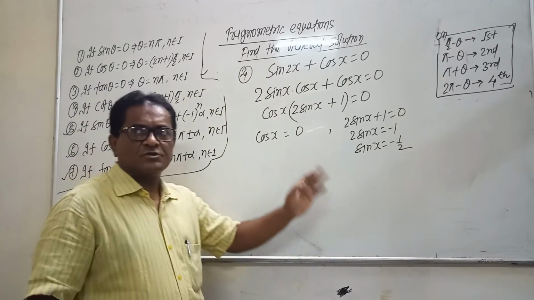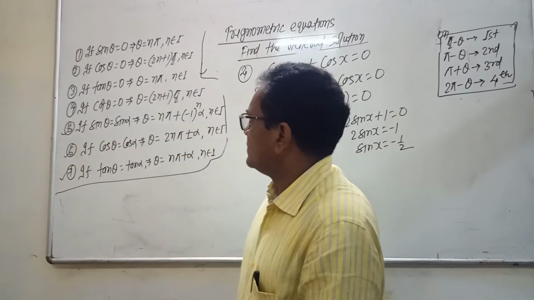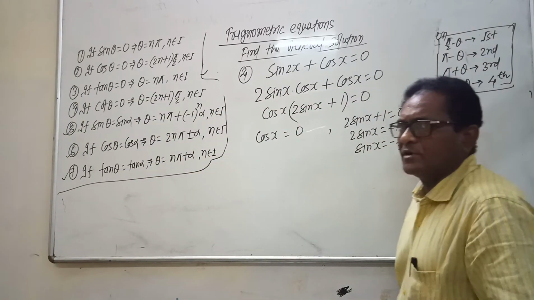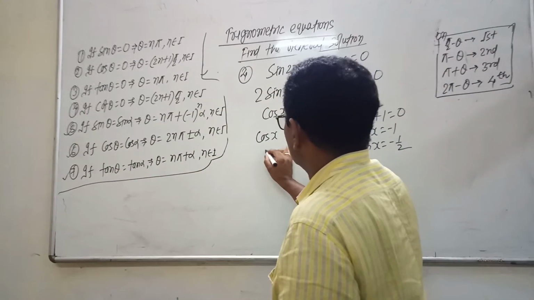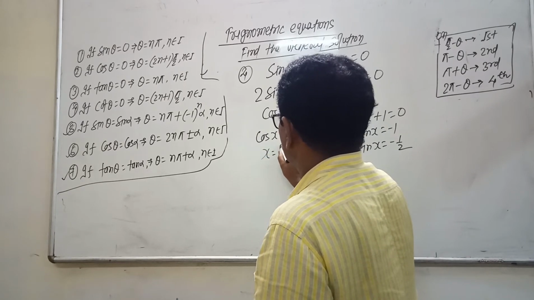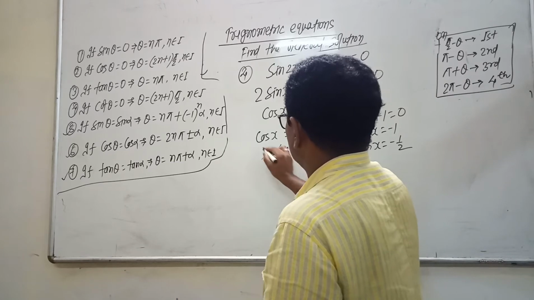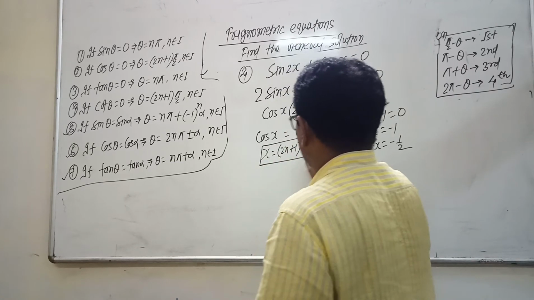For cos x equals 0, we use the formula: cos theta equals 0, then theta equals (2n plus 1) pi by 2, meaning x equals (2n plus 1) pi by 2. This is one of the general solutions.